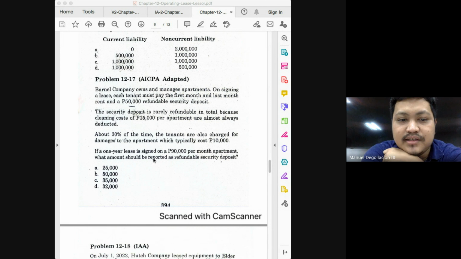If a 1-year lease is signed on a 90,000 per month apartment, what amount should be reported as refundable deposit? Okay, so first and last month, and a 50,000 refundable security deposit.